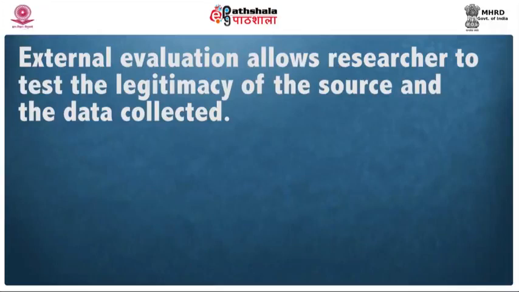The external evaluation is mostly concerned with the external characteristics of the data. That is, external evaluation allows a researcher to test the legitimacy of the source and the data collected. This means that the historical evidence collected for analysis and interpretation is put to test to clarify its authenticity, be it primary, secondary, or tertiary data.